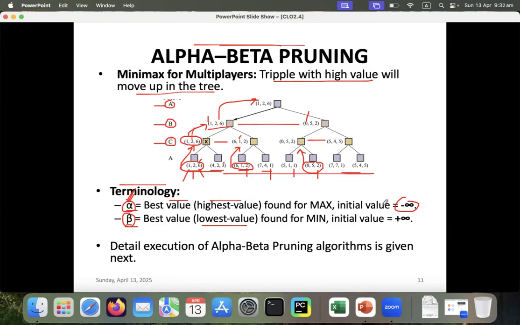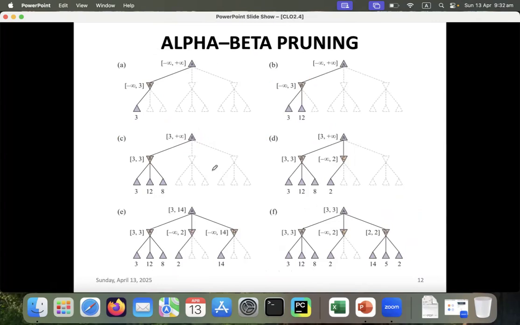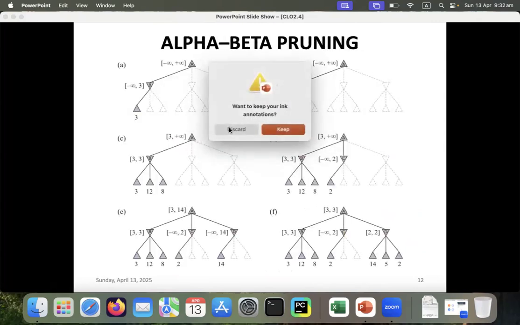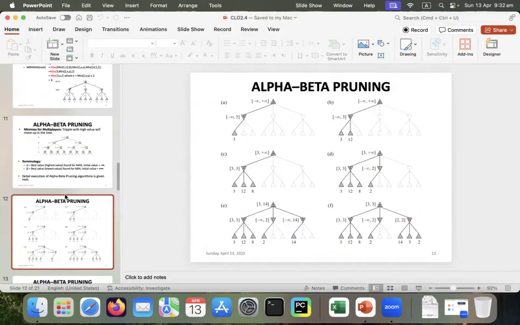And the variable beta, which is for the min player, would have an initial value of positive infinity, the maximum value, which the algorithm will then try to minimize. We will see its detail in the next lecture with this example.